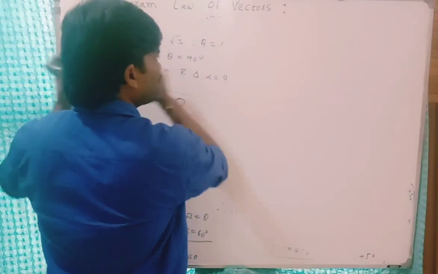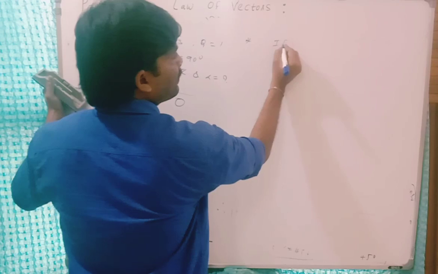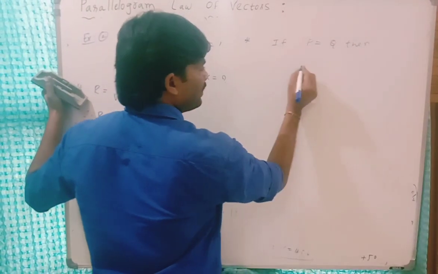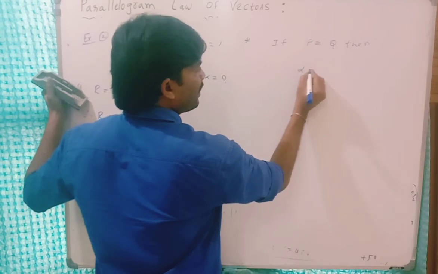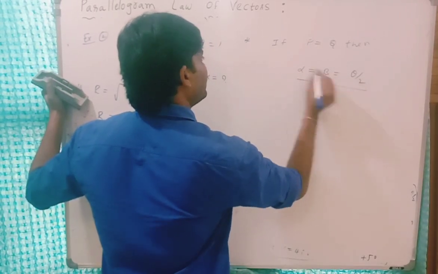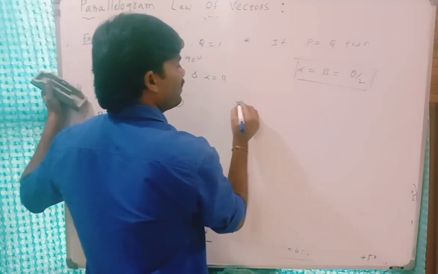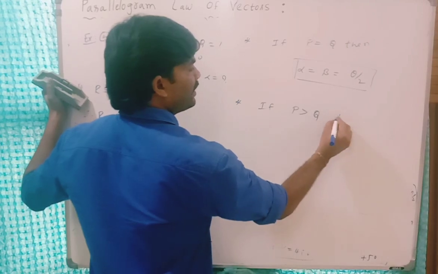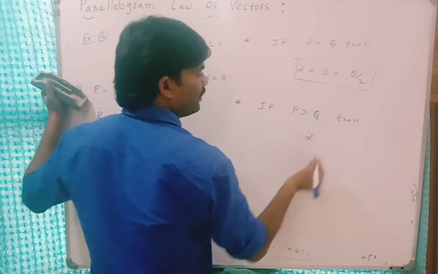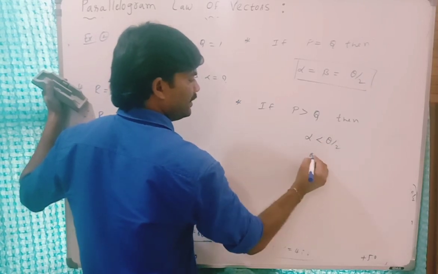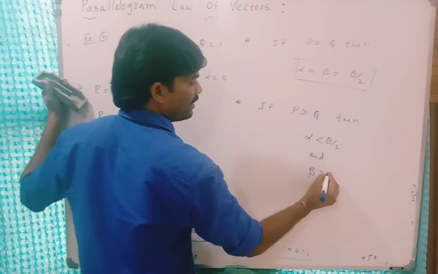from these two examples you can understand, if P equal to Q, then the resultant lies exactly in the middle, that is alpha equal to beta and that is equal to theta by 2. If the P vector magnitude is greater than Q, then the alpha value is less than theta by 2 and the beta value is greater than theta by 2.